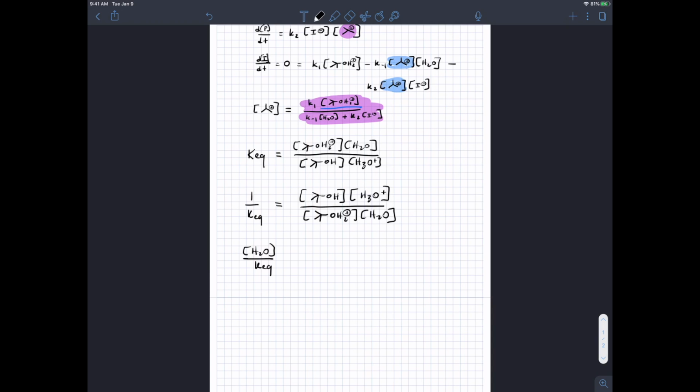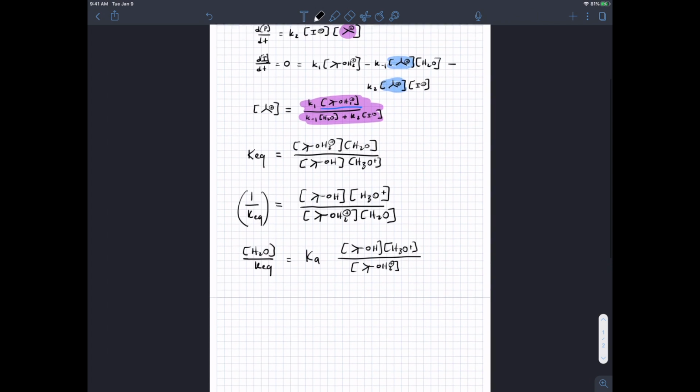Yeah, starts to look like Ka. Yeah, and in fact, if we take this new sort of equilibrium constant and multiply it by the concentration of water, we've got Ka for the protonated alcohol. That is, how acidic is the protonated alcohol relative to water? And that's a value we can look up. We've got a table for that.